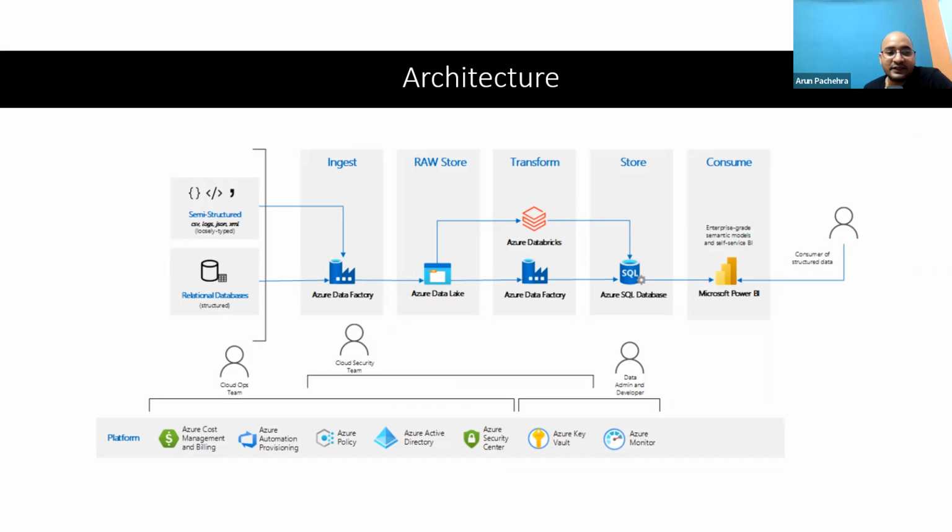So the presented architecture, as you see here, has a couple of phases: ingest, store, transform, then again store, and consume the data. But the point is, if you remember in the previous video, we talked about Azure Data Factory, which is orchestration.